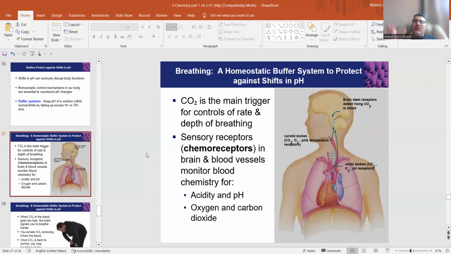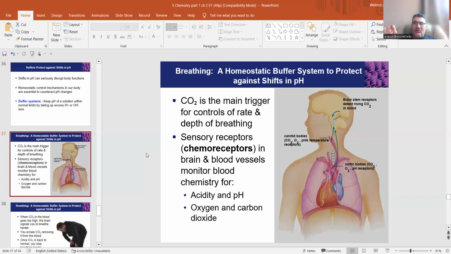We breathe, we get the oxygen in, it goes to the blood, goes to the cells. The cells use it for cellular respiration. It produces carbon dioxide, it goes to the blood, and we breathe it out. Is that clear? That's what we do throughout our entire life.